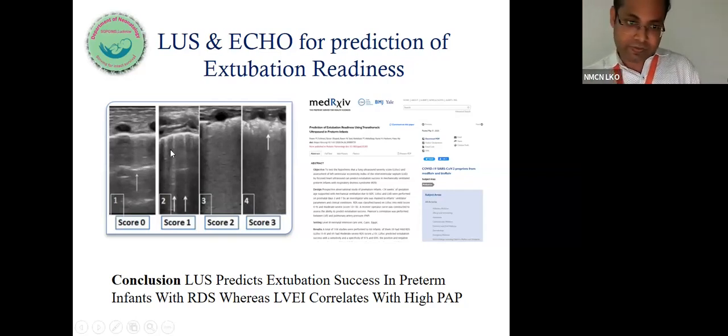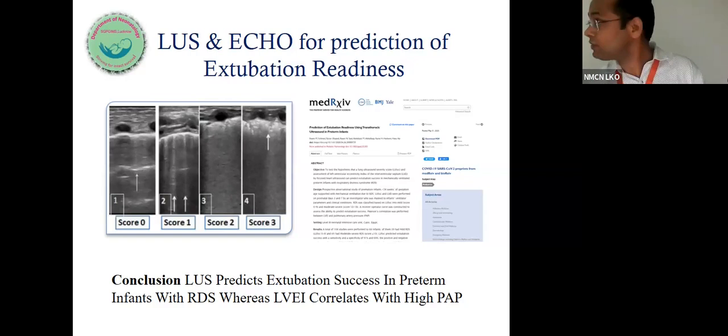Then score 1 was given for those zones with B lines. Then score 2 was given for acute interstitial syndrome, which comprised confluent and compact B lines. Then score 3 was given for the underlying consolidation.